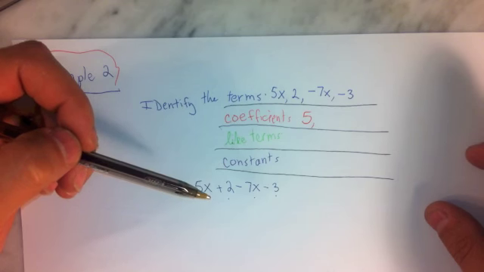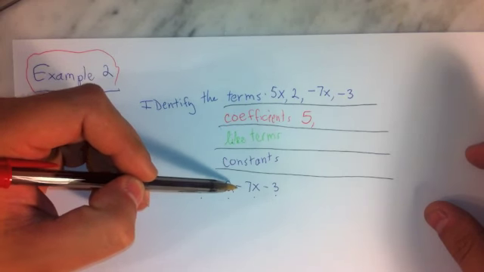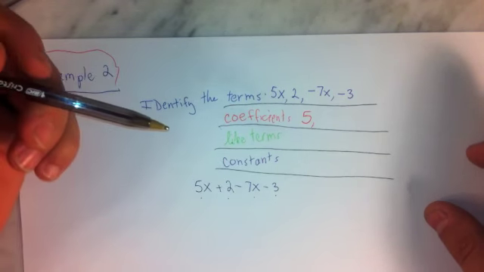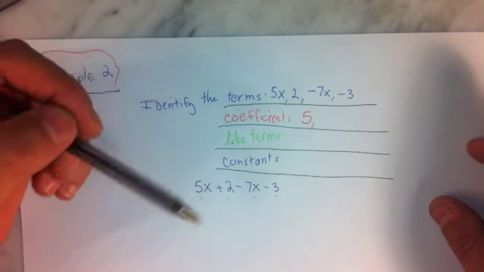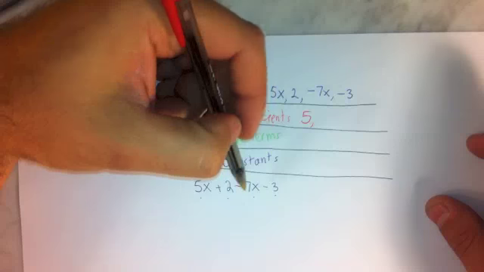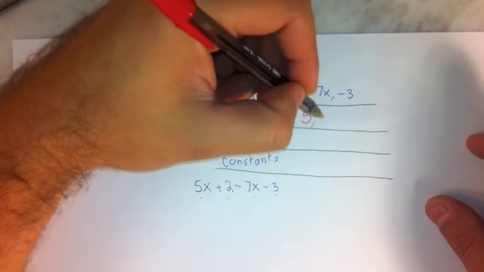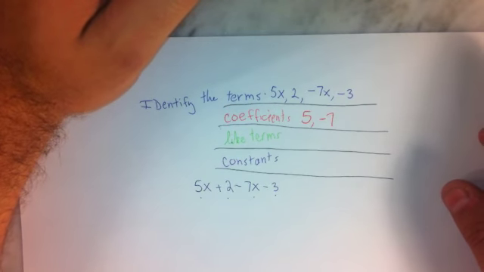Right? Not too fast. It's not just 7. We have to be careful. If there's a negative sign or a subtraction sign, we have to remember that's going to be a negative coefficient. A negative coefficient, or it could be a negative constant, like in the very end. Okay, so our next coefficient is negative 7. Negative 7. Have to include those negative signs.